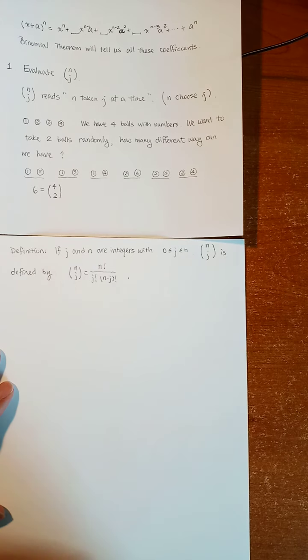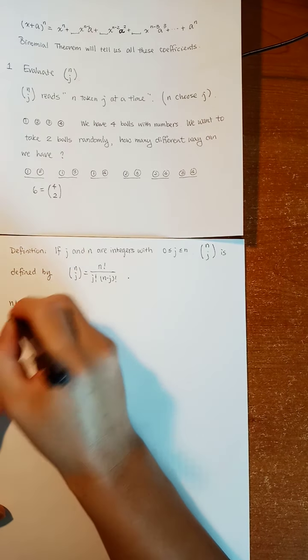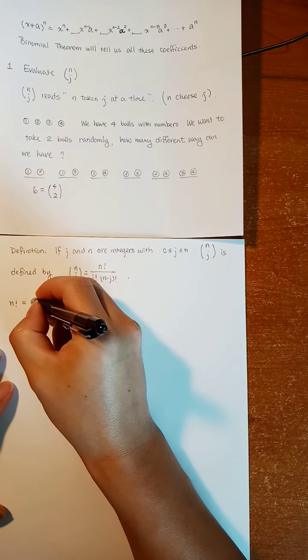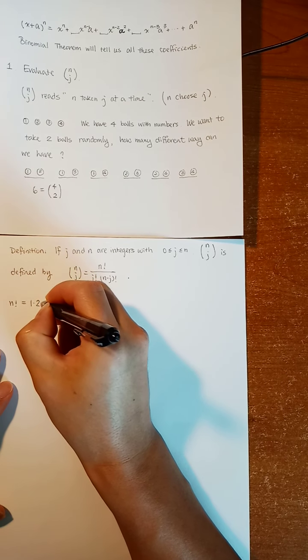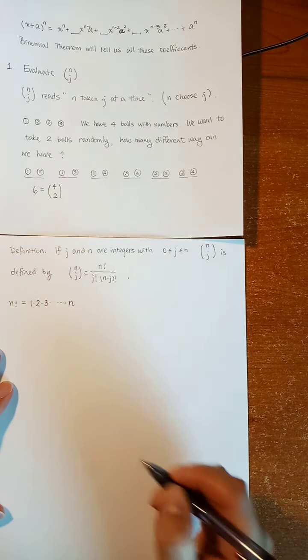So first of all, this is a complete definition. Let's explain it. n factorial means 1 times 2 times 3 up to n.